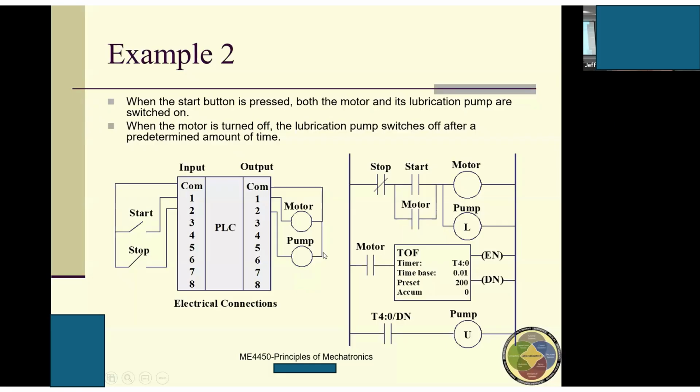Right? And then I talked about 2 different timers, TON and TOF. So what is a TON, and how is TON triggered? We know that TON is triggered by the transition from false to true, right? On the contrary, TOF is triggered by the transition from true to false.